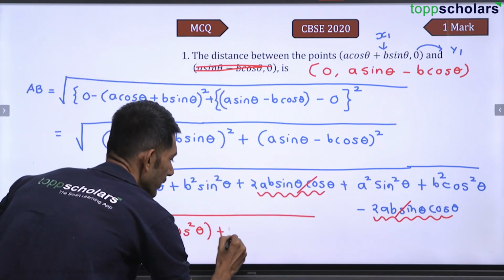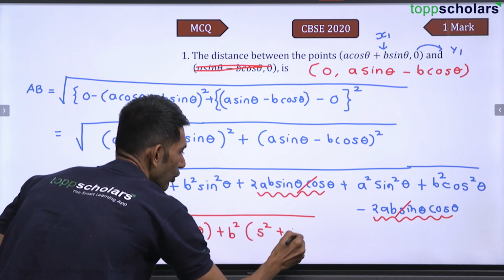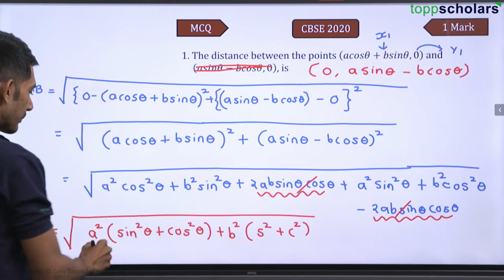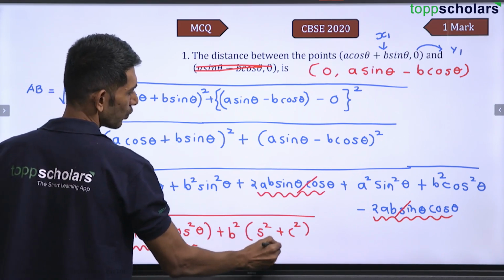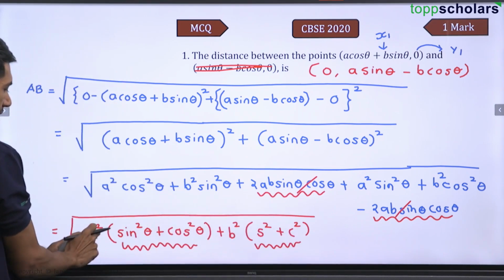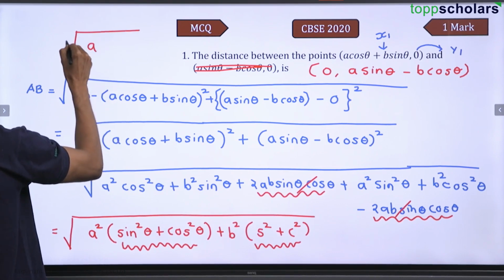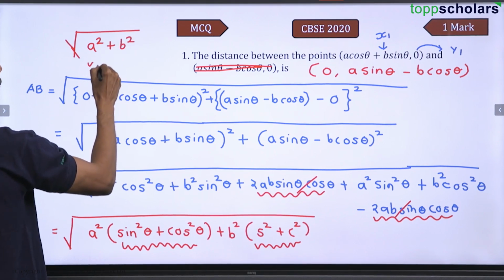Again I get sin square theta plus cos square theta. Now how much is sin square theta plus cos square theta? It is 1, right? This becomes 1. This becomes 1. What are we left with? We are only left with root of a square plus b square. So that is your final answer.